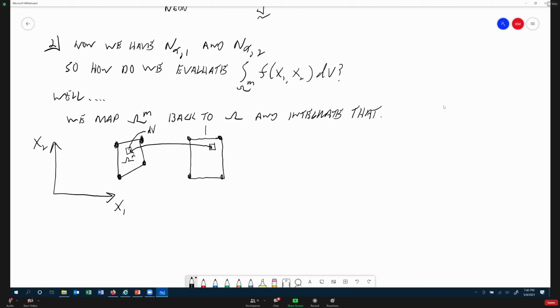And in this space, this is C and this is U. This element space, it's not the differential of a volume. This is dC dU.